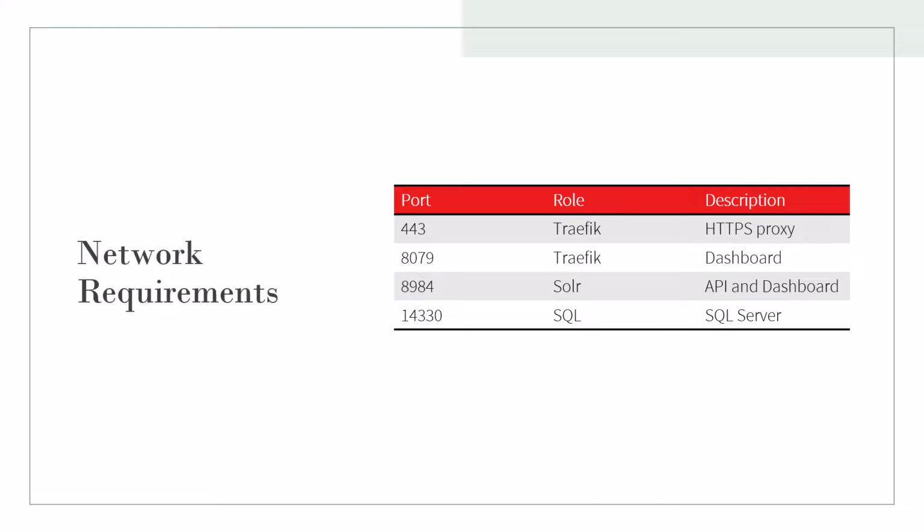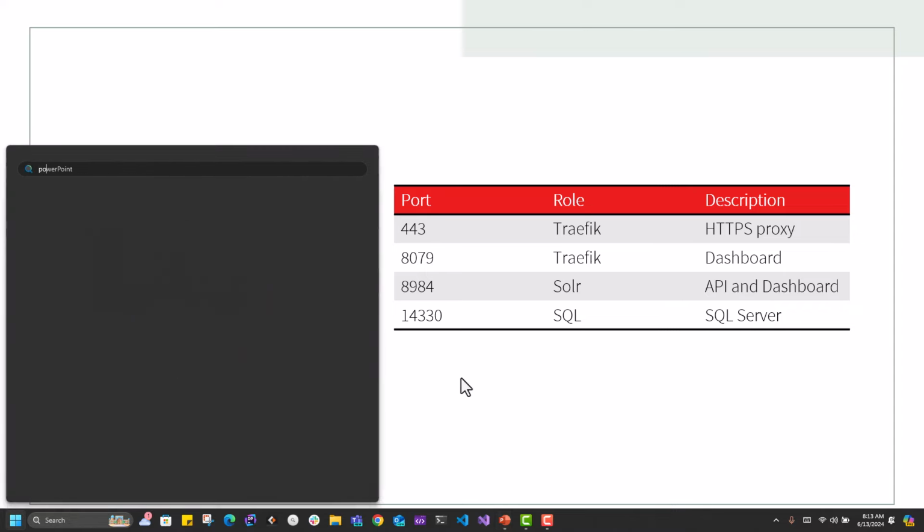To validate if a port is in use, you can execute the following command in an elevated PowerShell window. Let me open my PowerShell.